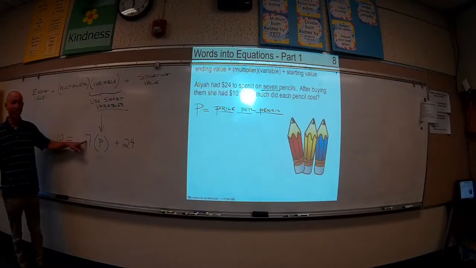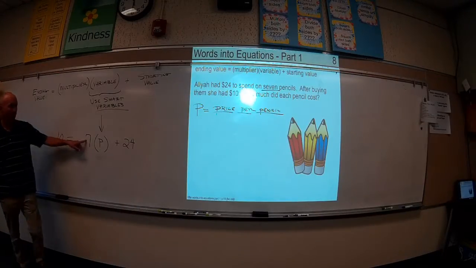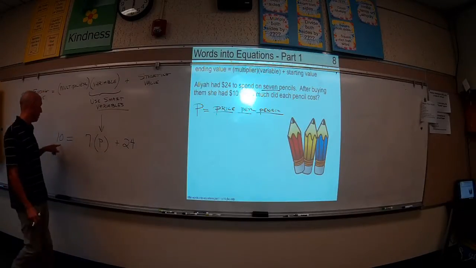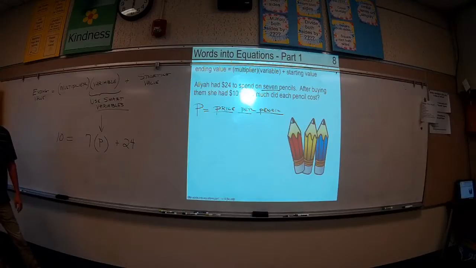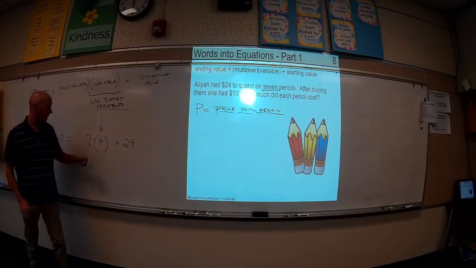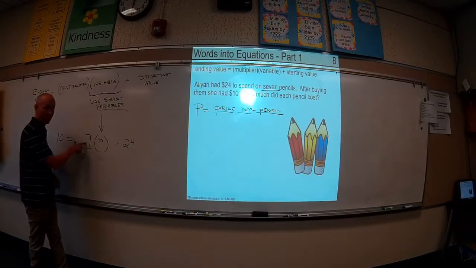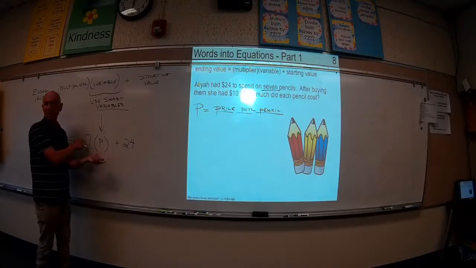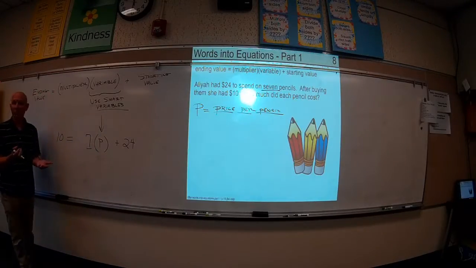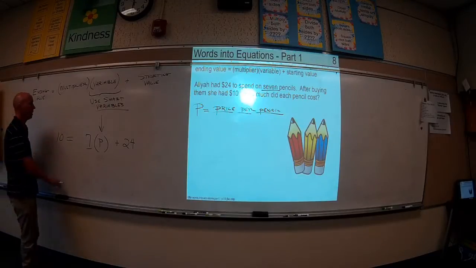So that, well, 7 is saying I'm buying 7 pencils. 7 pencils times the price of a pencil plus $24, and I want to end up with $10. If I switch the 10 and the 24, that's saying I'm buying 24 pencils. This is saying how many pencils I'm buying, right? I'm buying 7 pencils. If I switch those numbers, then it's saying I'm buying 24 pencils. Am I buying 24 pencils?